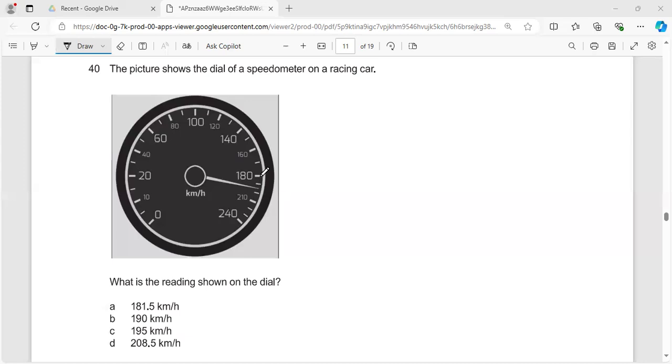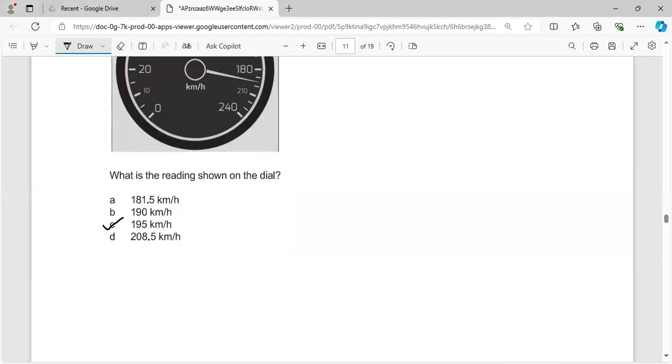But you have to look at this one up here, so it's a little bit different, right? You have 180, 1, 2, 3, and then you have 110. So this is 190, 200 up here, so it'll go by 10. So it would be 190, and then halfway, so it would be 195. So that one could be a little bit tricky.